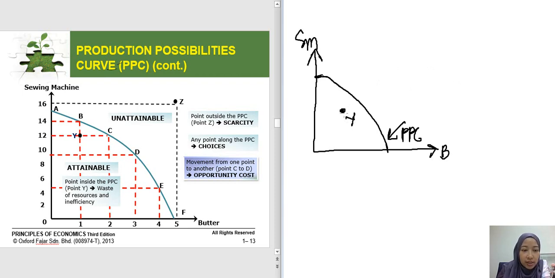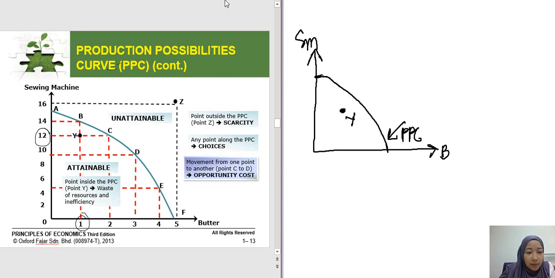If you look at this slide, at point Y there is a production of 12 units of sewing machine and 1000 kg of butter. That is attainable. You can produce this amount of products.